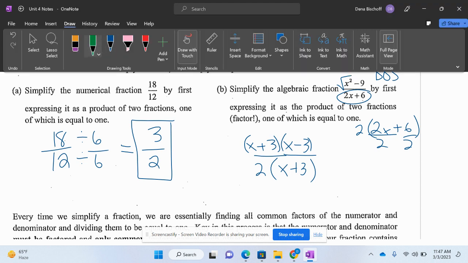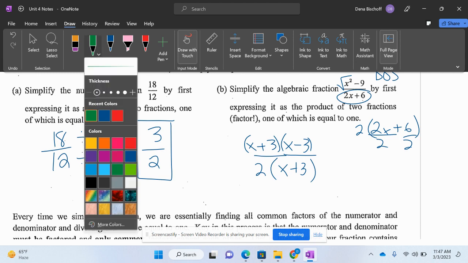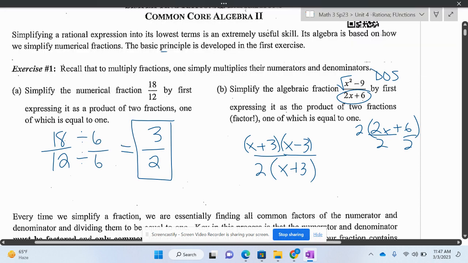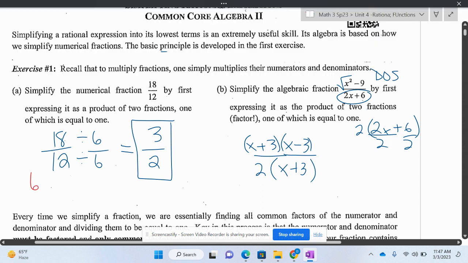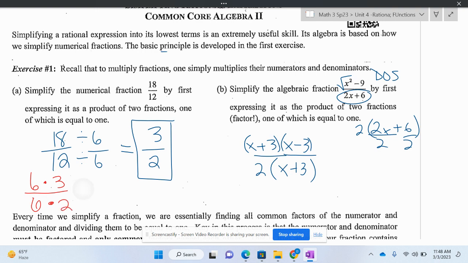I'm going to use Jack's idea of, instead of dividing by 6, rewriting this expression over here. I just want you to understand the math. So 18 over 12 is the same thing as 6 times 3 over 6 times 2. That really is what 18 over 12 is.